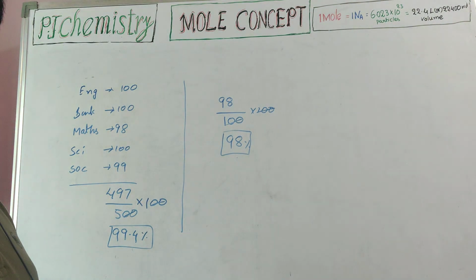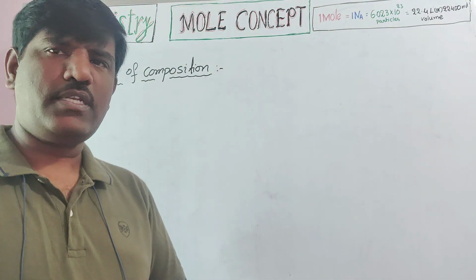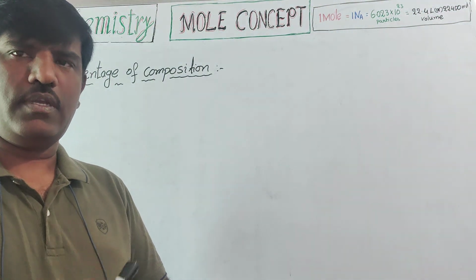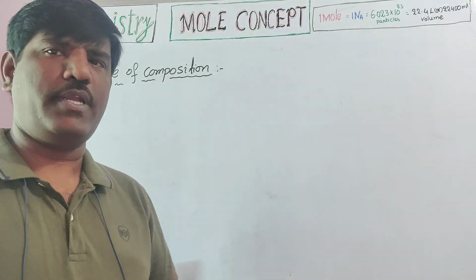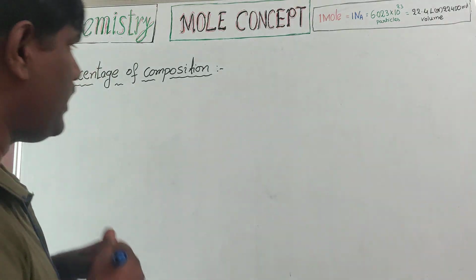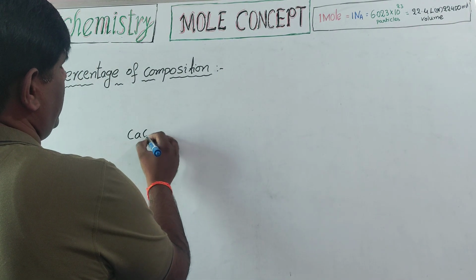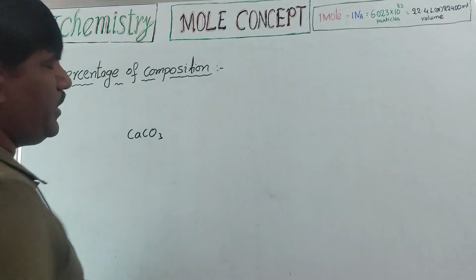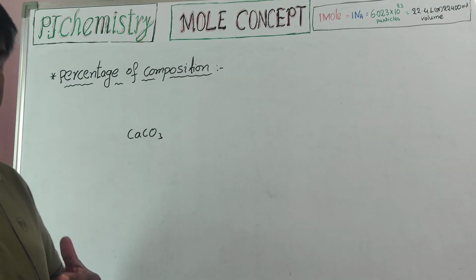Same way, here, percentage of composition in chemistry. For example, if you take the formula calcium carbonate, previously we discussed. In calcium carbonate, three different elements are there: calcium, carbon, and oxygen.